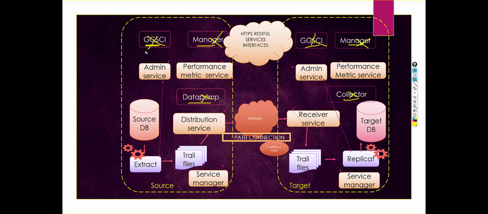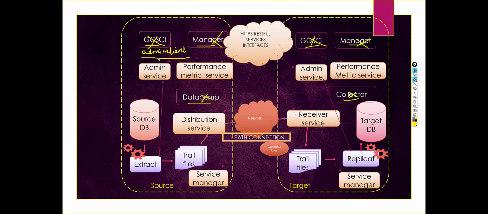This GGSCI tool is replaced by the admin client in the 23ai version. Admin client is the command line tool that we use for almost 90 to 95% of our GoldenGate journey. Even in your organizations, you will always be interacting with this admin client for typing all the commands.